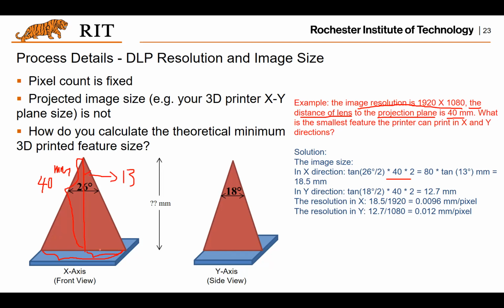Then you use the tangent function: tangent 13 times 40 is the length of this. Multiply by 2, and you have the full length, which is the projected image in the x direction.